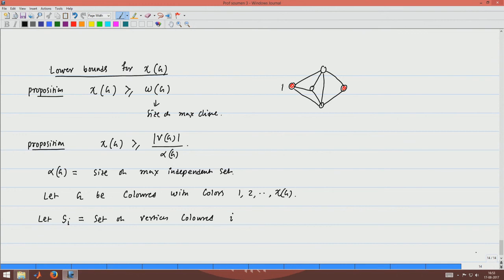So, 1 for this one, 1 for this one, that means color 1, and then I can use color 2 for this, and then colors 1, 2 can't be used, I have to use color 3 here, and for this vertex I have to use color 4.